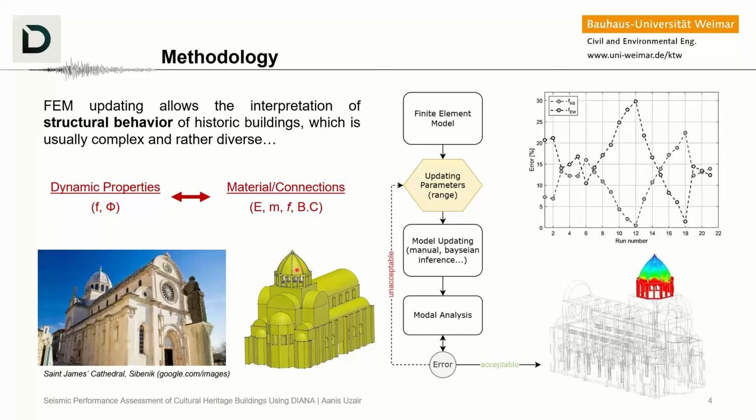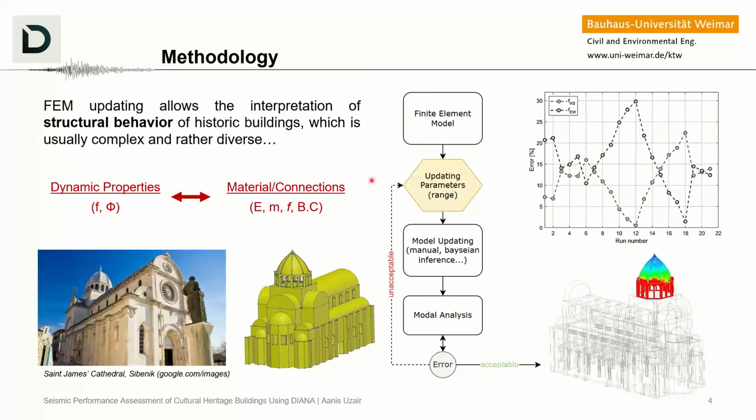Now, once you have a geometrical model and a preliminary set of material data, our next step is to go and run an ambient vibration test on site to determine the fundamental frequencies of the structural system in question.